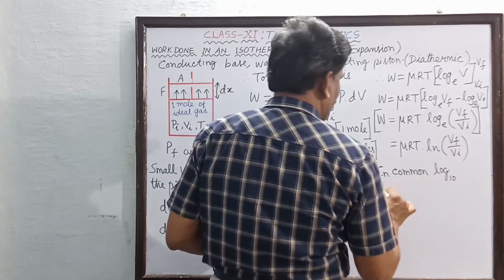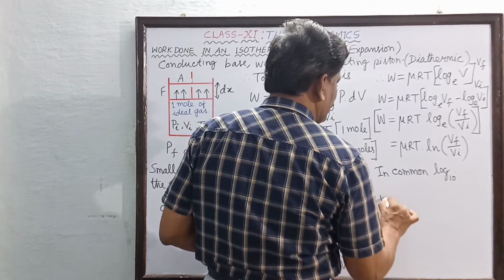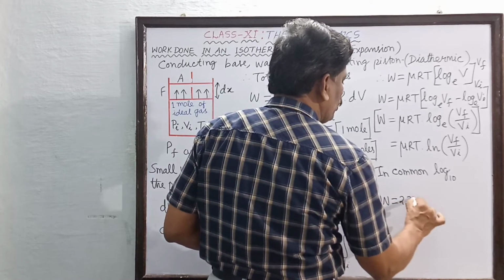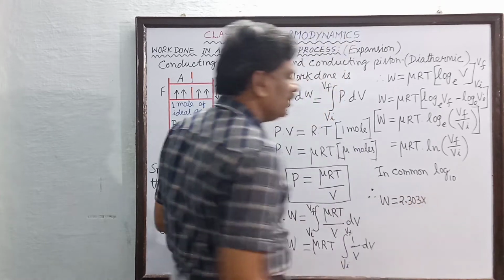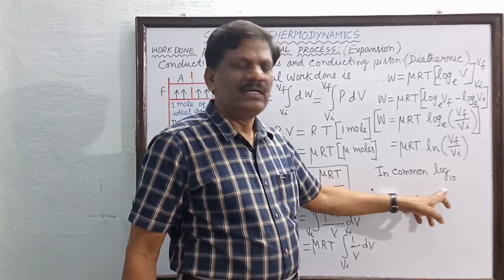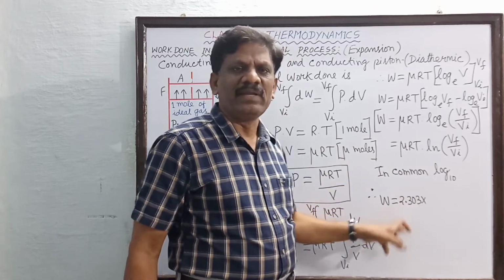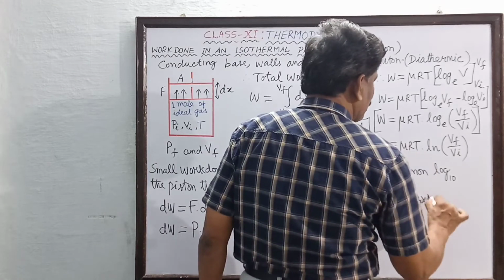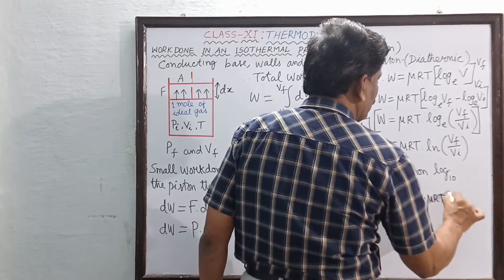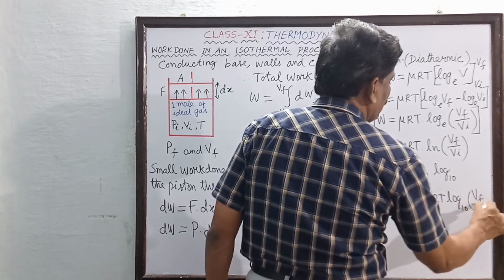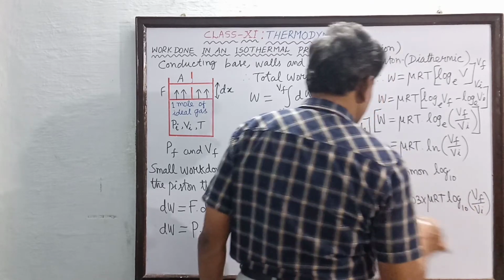In common log, I have to multiply by a constant, 2.303. When I change the natural log into common log, I should multiply by 2.303, that's all. The other factors remain as they are: mu RT times log to the base 10 of V final divided by V initial.